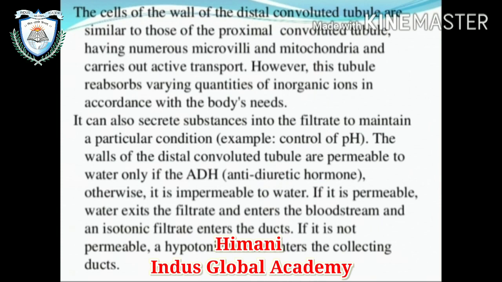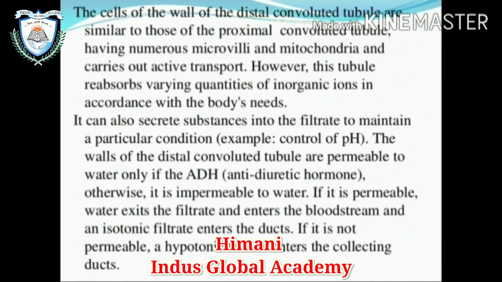The wall of the DCT is permeable to water only if ADH, antidiuretic hormone, is present. Otherwise, it is impermeable to water. If it is permeable, then water exits the filtrate and enters the bloodstream, and isotonic filtrate enters the duct. If it is not permeable, a hypotonic filtrate enters the collecting duct.